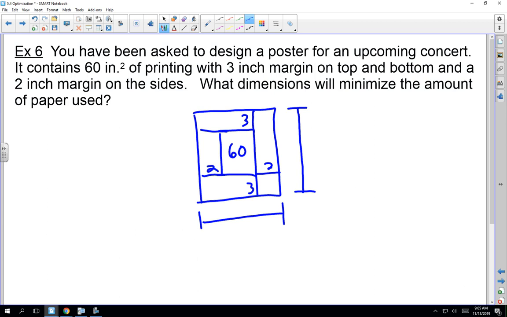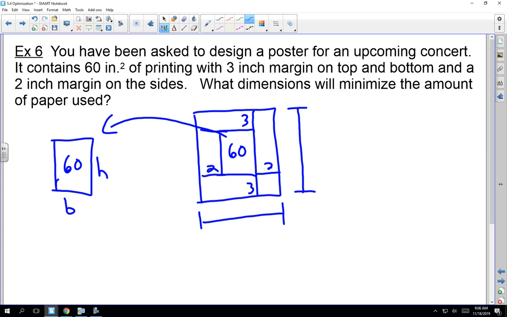If I were going to just pop this guy out right here, this is 60 in here. We've got maybe a base here and then a height here, but we need to have that in terms of one variable. So we're going to use the fact that we know the inner part of that poster is 60 square inches to write an equation for h in terms of b or vice versa.